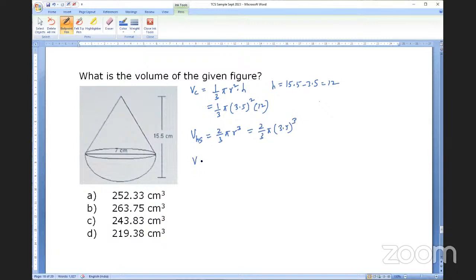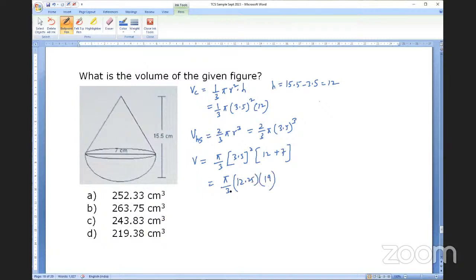So the total volume of this toy-like figure should be, if I take common 1/3 pi, pi by 3 common, and what else can we take common? 3.5 whole square is common. So this is 12 plus 3.5 into 2, which is 7. So we need the value of pi by 3 into 3.5 whole square, which is 12.25, into 19.